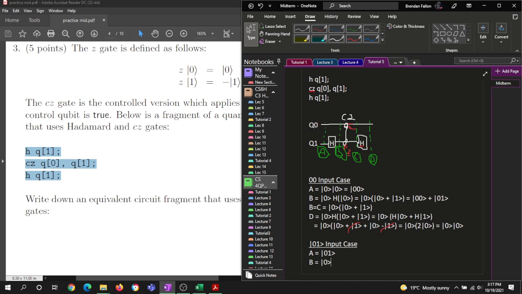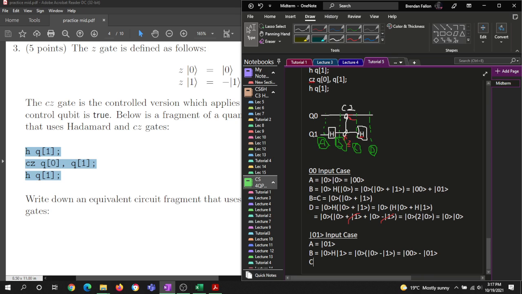So 0 is the first bit, then H of 1. We should know that that's 0 times H of 1, which is 0 minus 1. So that is the input there. And we can expand an output if we want to. So that's 0, 0 minus 0, 1 there.